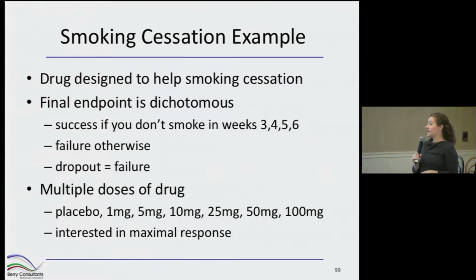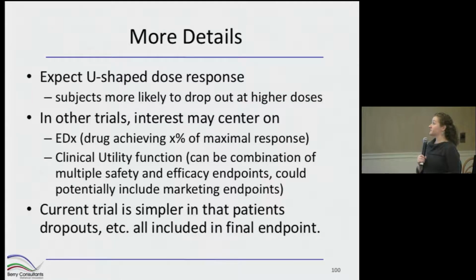This trial has multiple doses. In addition to the placebo, we have 6 dose arms ranging from 1 milligram up to 100 milligrams. The goal of our trial is to identify the dose that has the maximal response, the dose that has the highest response rate. One of the quirks is that we expect a U-shaped curve is possible. Maybe those top doses have higher dropout rates, for example.